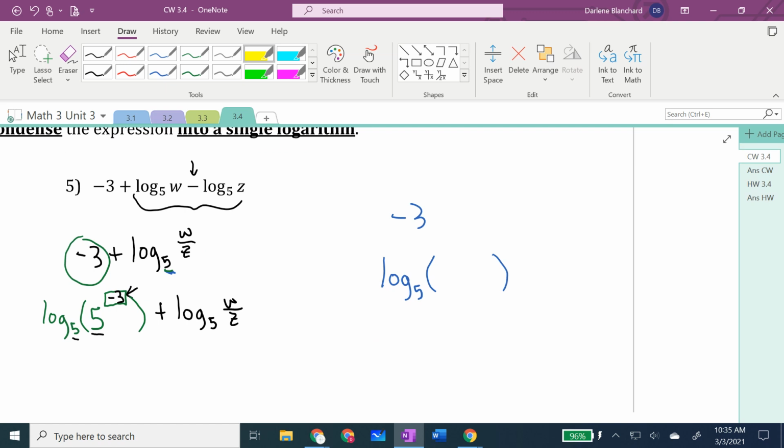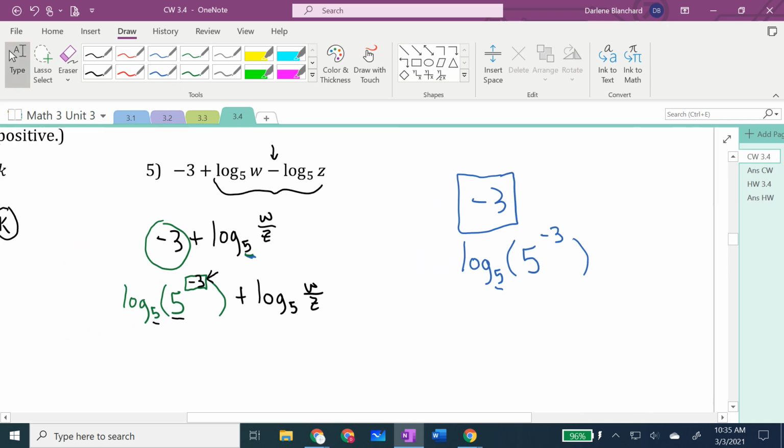So as I come back over here, if that's beginning to make sense, then if I want to write -3 as a logarithm, I need to know what base I'm using, and then write that same base to the power of the number that I want it to actually be.